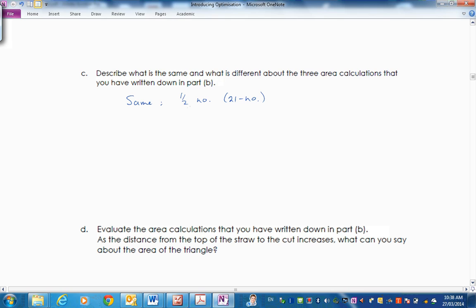Okay, they all have those features, don't they? Half base times height. The height is 21 minus that number. What is different? Well, the only thing that's actually different is this number. The actual number varies from part to part.